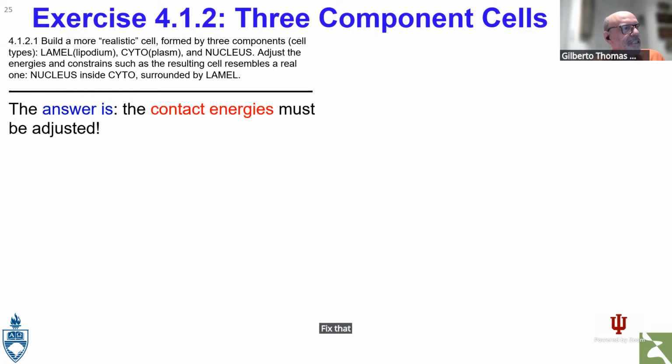The change is in the contact energies. Remember, I think it was Hayden who talked about a hierarchy in the cell sorting, adjusting energies among all the cells in the sorting simulation. This is what we have to do now.